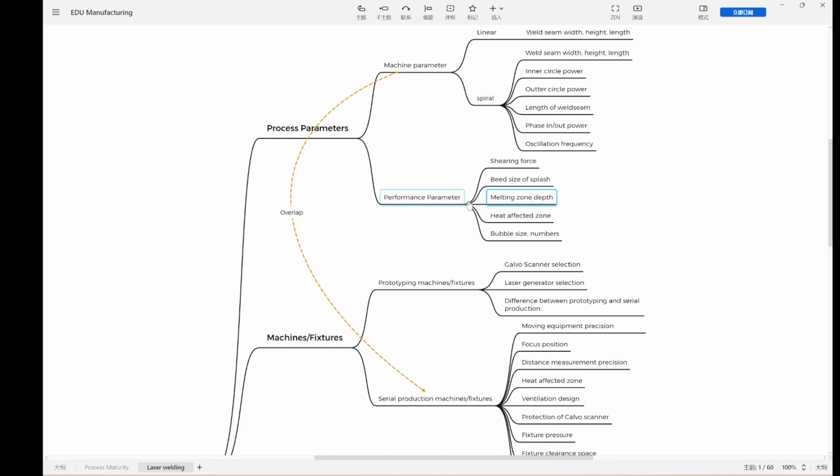Melting zone depth, so-called MZD, is very important as well. If the melting zone is too deep, then you may burn through the material. This is not acceptable. Also the heat affected zone, and the bubble size and numbers. This bubble means air. There could be bubbles inside the copper.